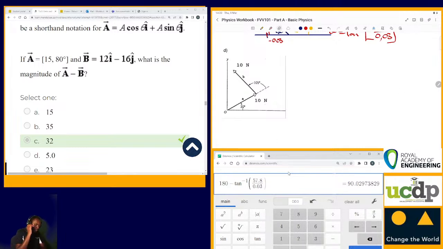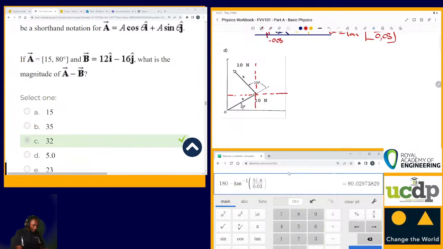Again, we need to first find r in the x and r in the y. For this vector, it's quite interesting. So this is what we have.